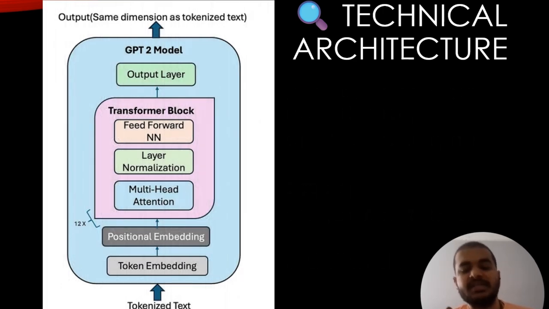This is the architecture of the transformer which I have used for the GPT model I have developed. First there is tokenization. For tokenization I used BPE, that is byte pair encoding, using the tiktoken library. There is a total vocabulary of 50,257 tokens, so I have used this kind of huge vocabulary to train this model.